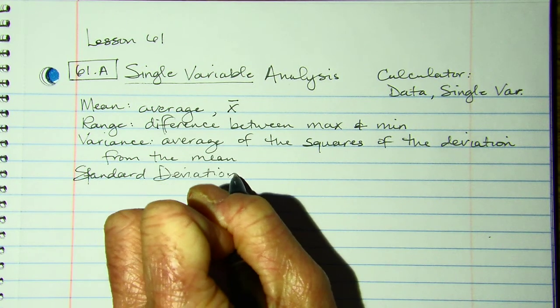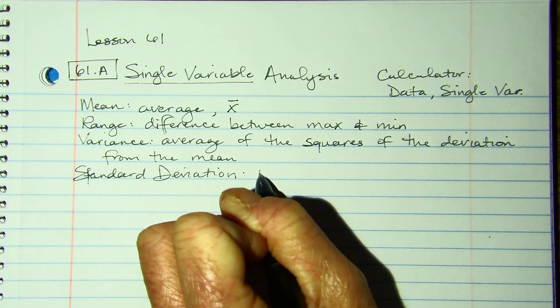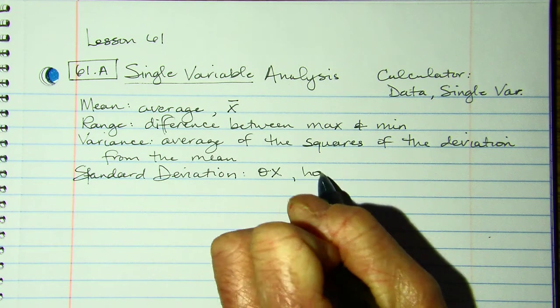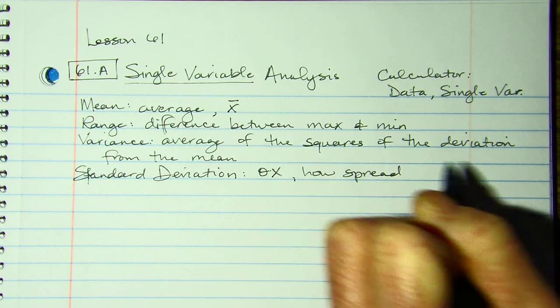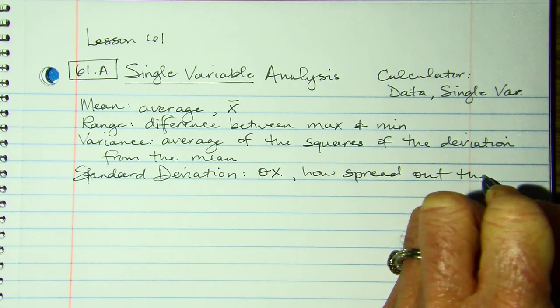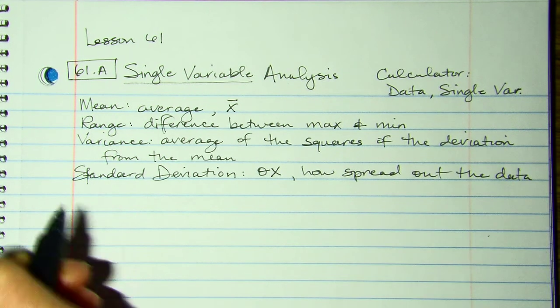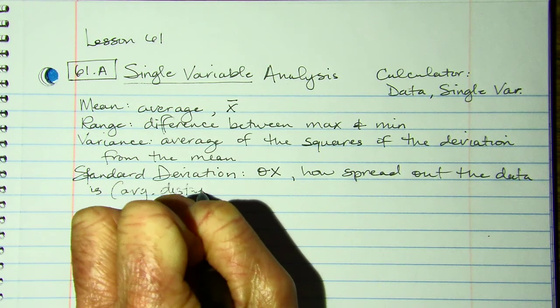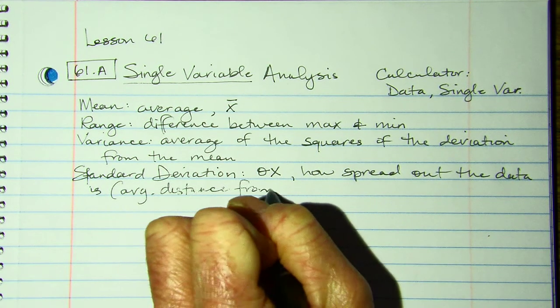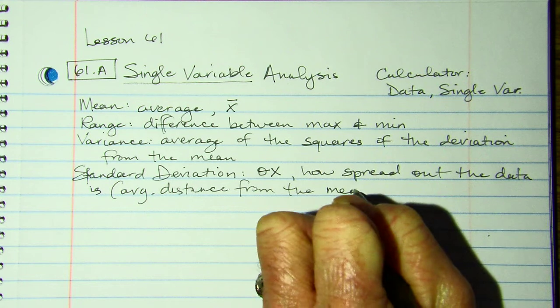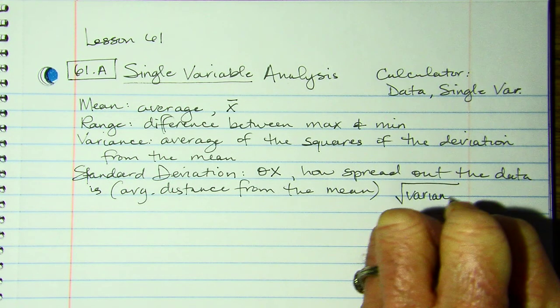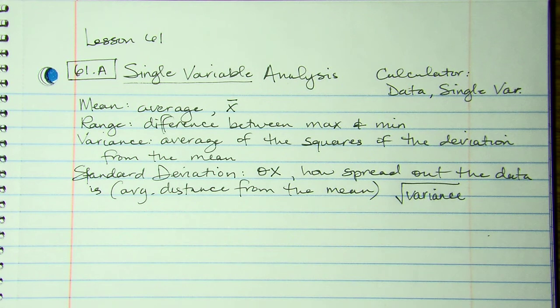Its symbol looks like a theta and then x. And this evaluates how spread out the data is. So it's the average distance from the mean. It's also the square root of whatever you got for variance. So if you find the variance by hand, standard deviation is simply the square root of that number.